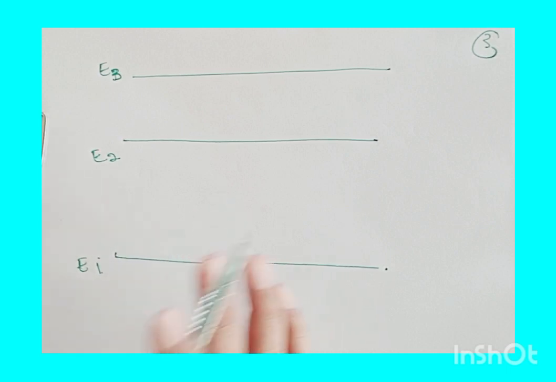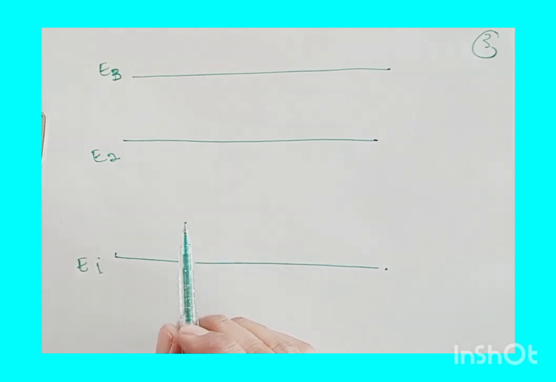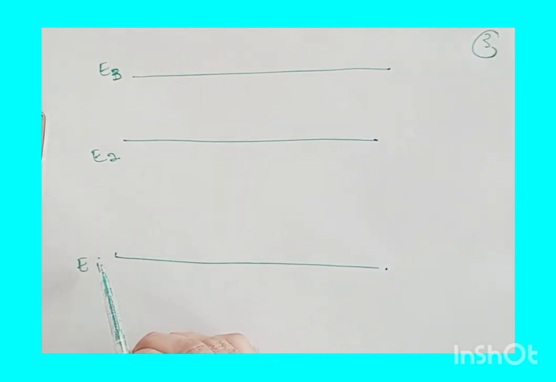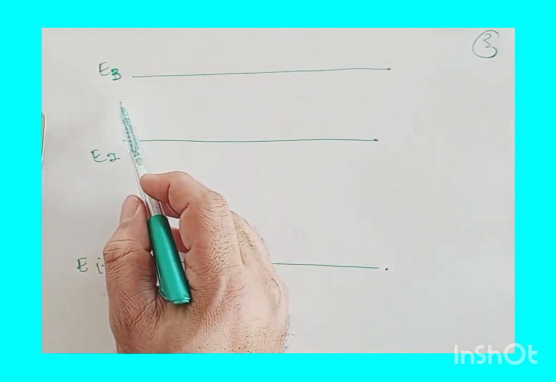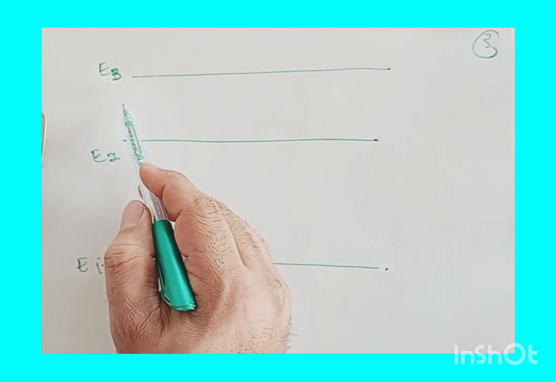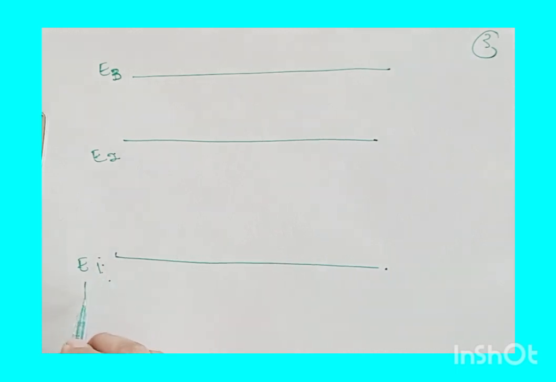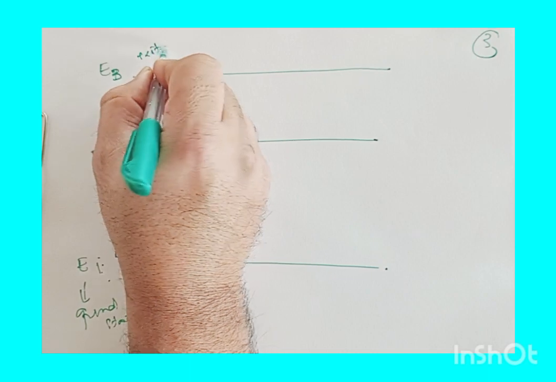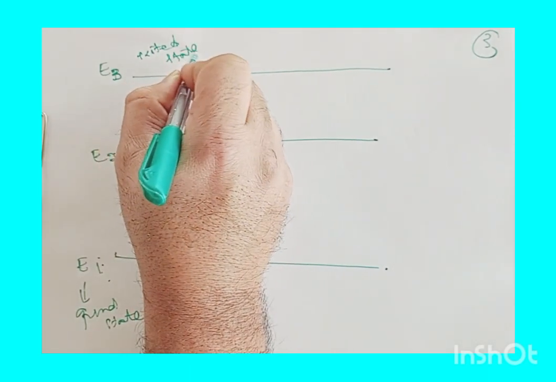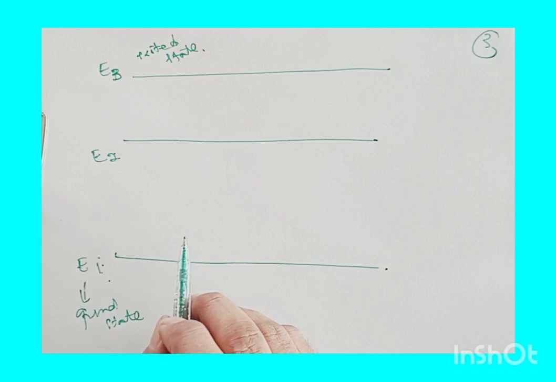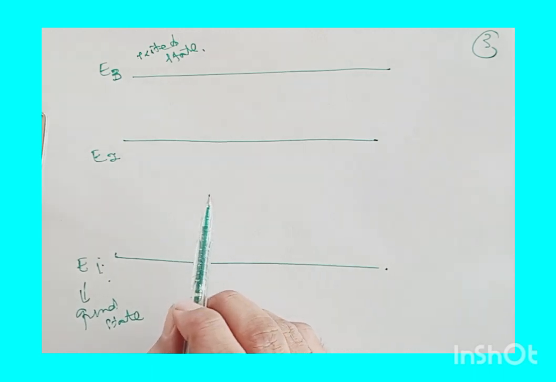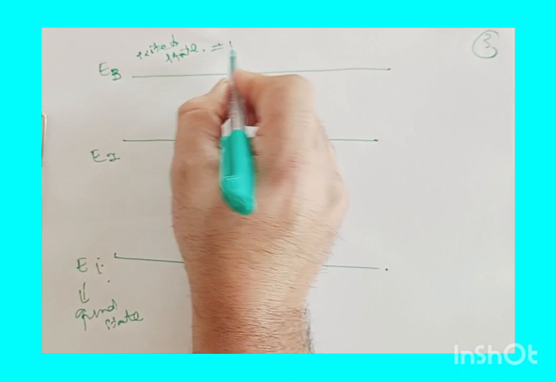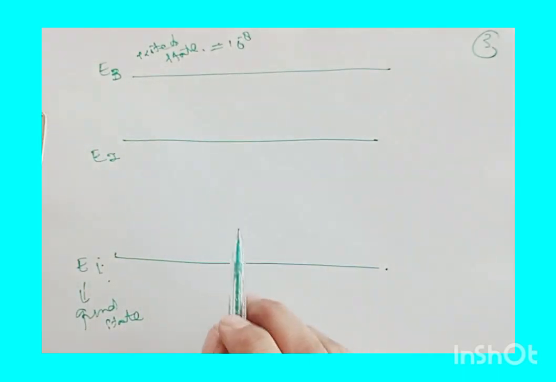Now, suppose we have a material whose atoms can exist in three different states, E1, E2, and E3. The energy state E1 is my ground state. The energy state E3 is my excited state of atoms, and atoms can stay there only for 10 to the power of minus 8 seconds, only for this short time.